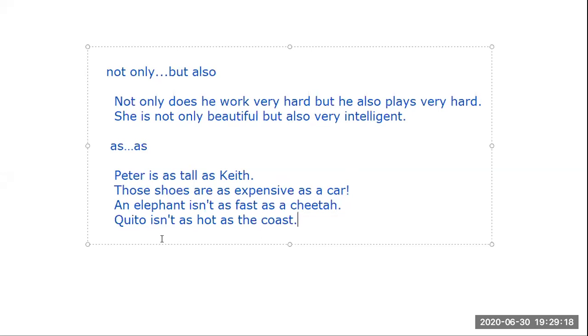So we're saying the two things are not equal. So Quito and the coast are not equal, and the coast is hotter than Quito.